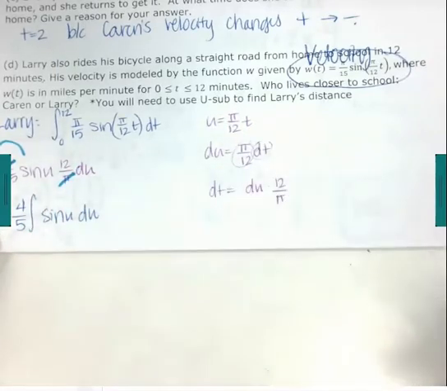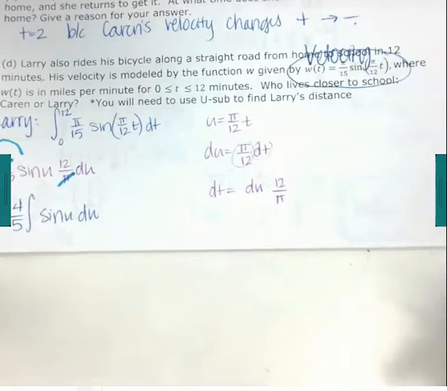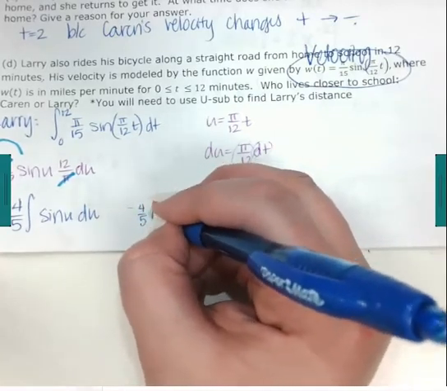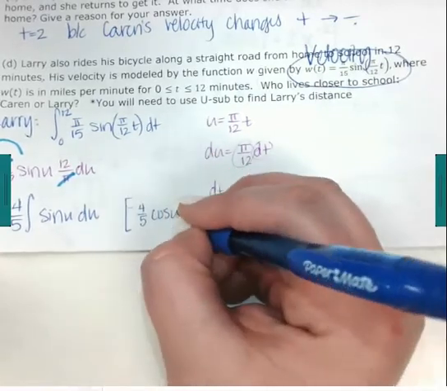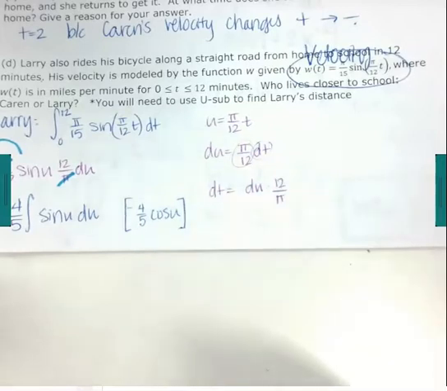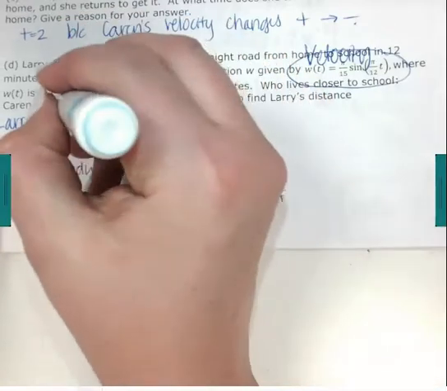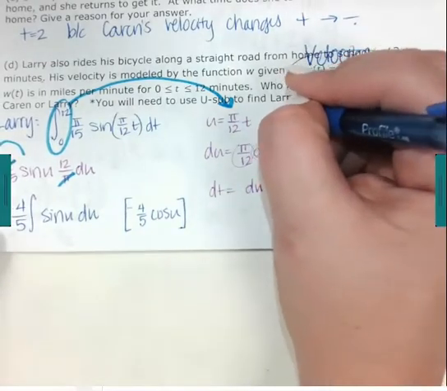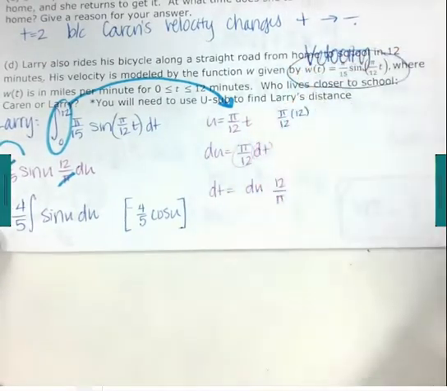What is the antiderivative of sine u? So it's going to be negative 4/5 cosine u. Why do I not put a plus c? Because I have endpoints. What do I need to do with the endpoints before I plug them in? Change them right here. So if I plug in a 12, I have pi over 12 times 12.